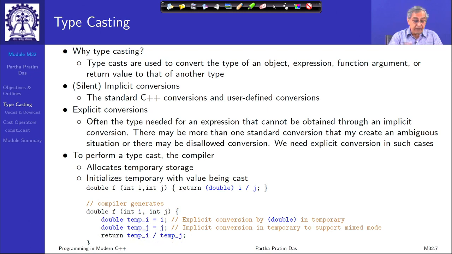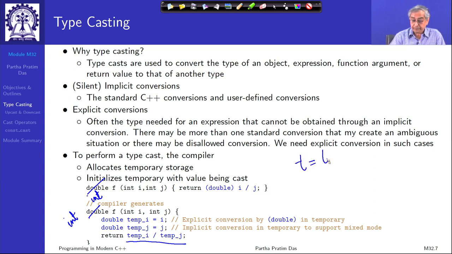The things would be even more complicated, interesting, if instead of the return type being double, it were int. If this were int, then this will not work, because this will give a double value. So, what would it again have to do?